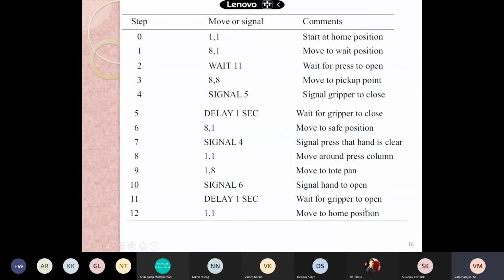And then what we added here, it has to pick up from 8 1 8 8, and then it has to get some delay at 0.88. Similarly, the delay has to occur at 1 8 once the material is dropped.